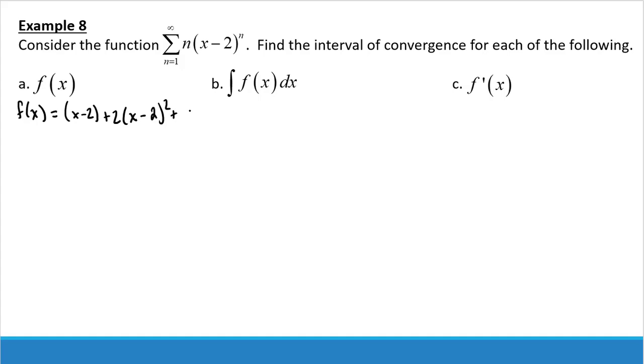Now if I were to take the derivative of that series, because we're going to need that in a minute, the derivative of this term is 1, the derivative of this term is 4 times x minus 2, plus 9 times x minus 3.